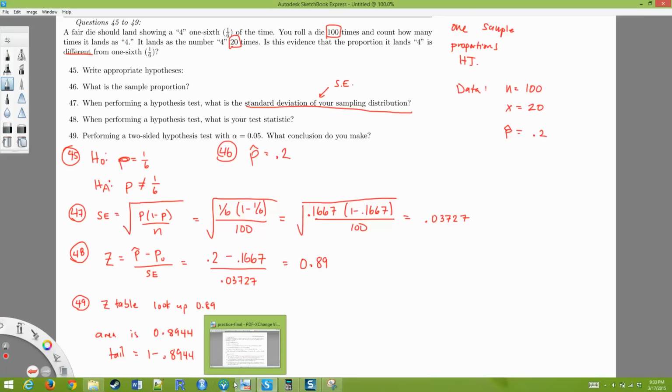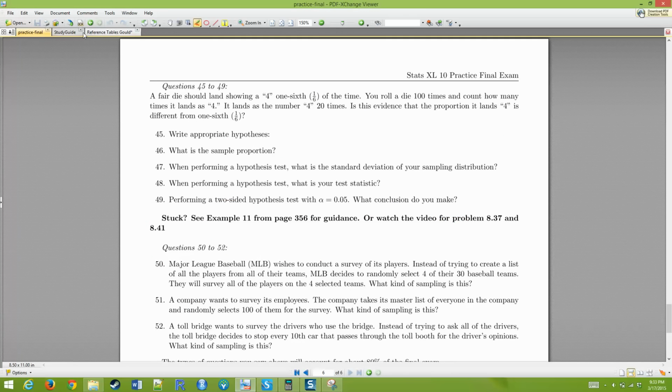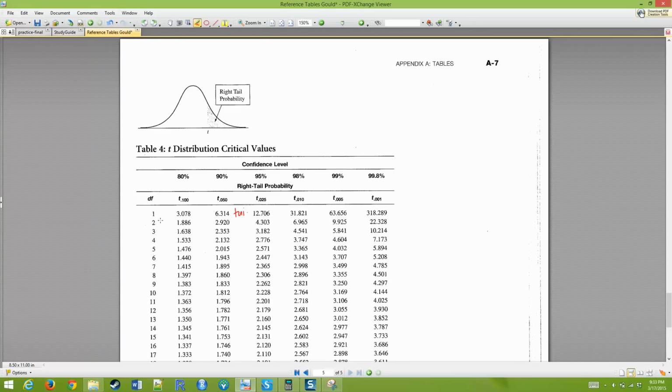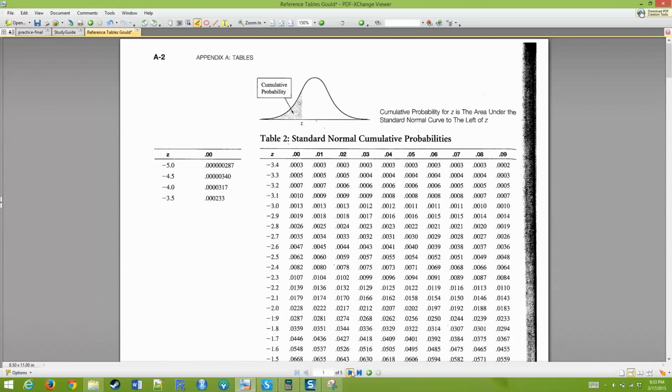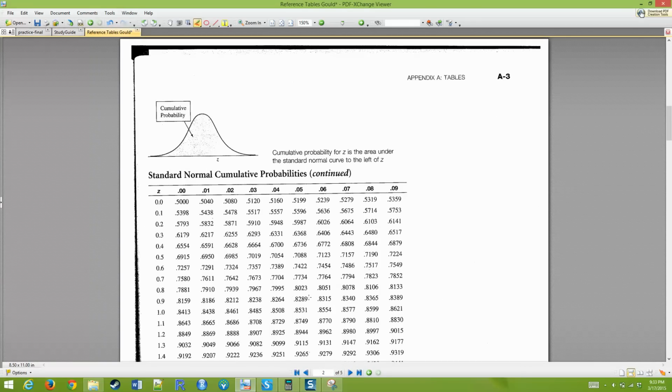Oh, I'm sorry. I messed something up. I look up 0.89 and I actually get a different value. Sorry about that. So if I look up 0.89, I get 0.8133.